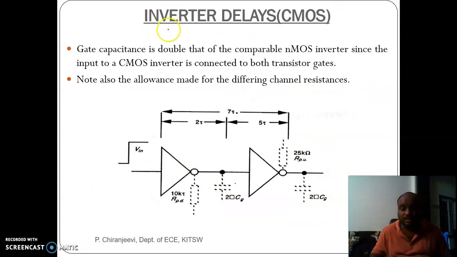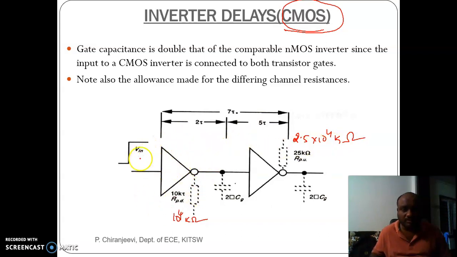Taking this into consideration, in similar lines, we have made the CMOS inverter analysis also. For a CMOS inverter, pull up will be PMOS and pull down will be NMOS. NMOS will be 10 power 4 ohms for the on transistor, whereas PMOS will be 2.5 into 10 power 4 ohms, 2.5 times the resistance of the pull down.